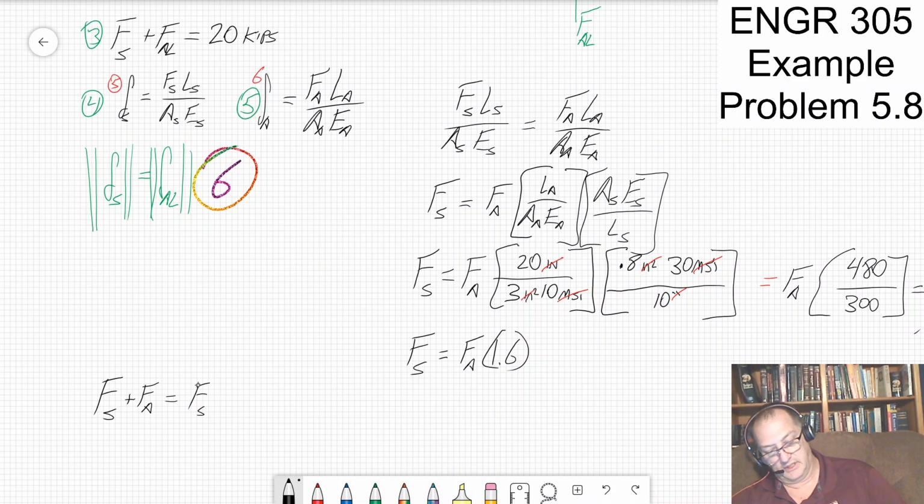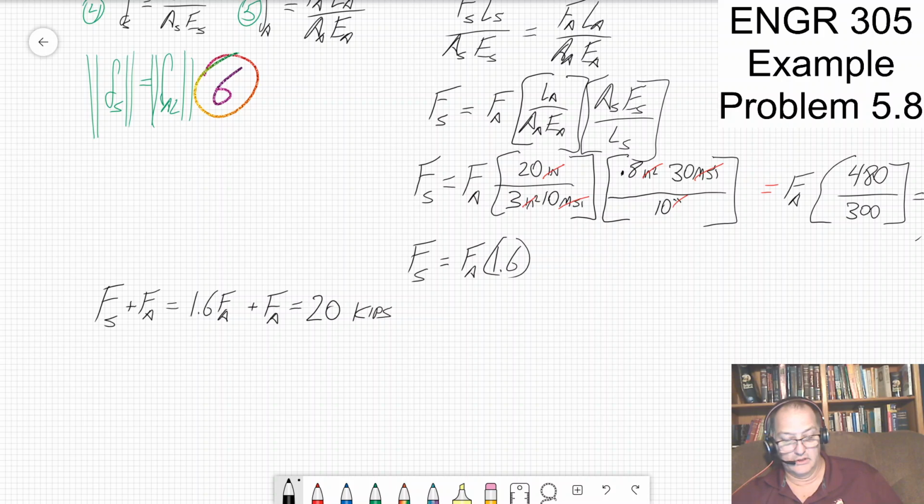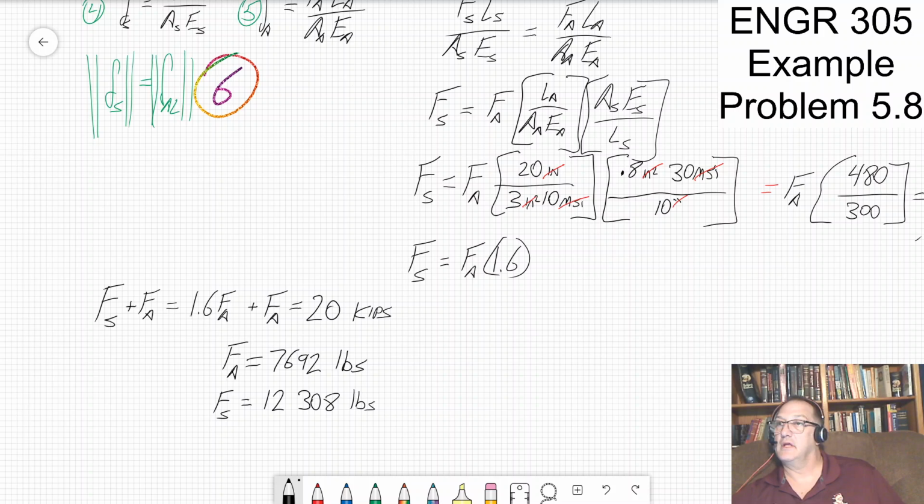I want this to be 1.6 times the force in the aluminum when I substitute in, plus the force in the aluminum is equal to 20 kips. So 20 kips divided by 2.6. So now I've got the force in the aluminum is 7,692 pounds.